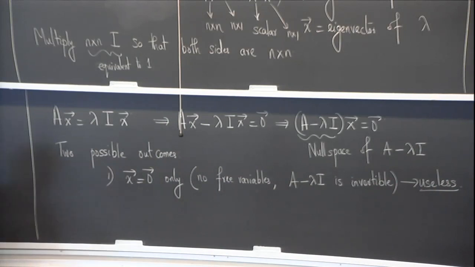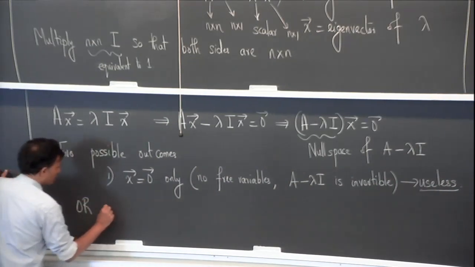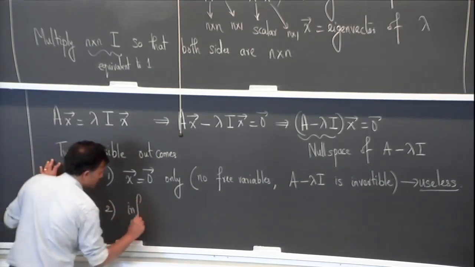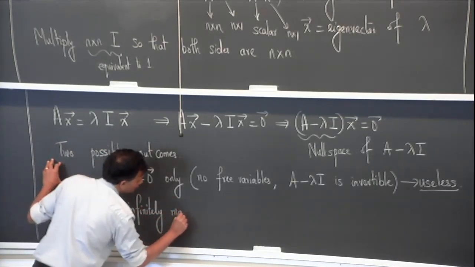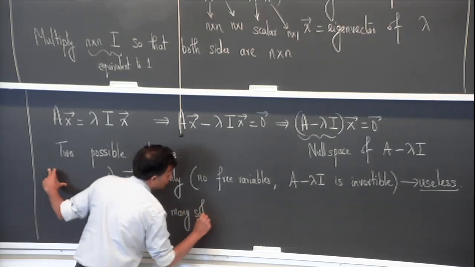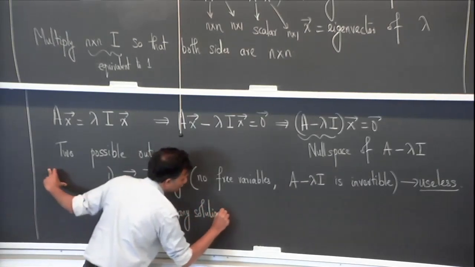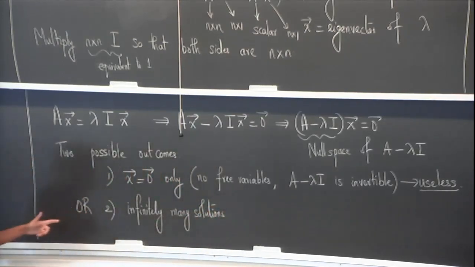So the other outcome is that we have infinitely many solutions. That is what we are interested in. Okay. The unique solution in this case is pretty boring because that is just x equal to 0. We want to look at the case where there are free variables.